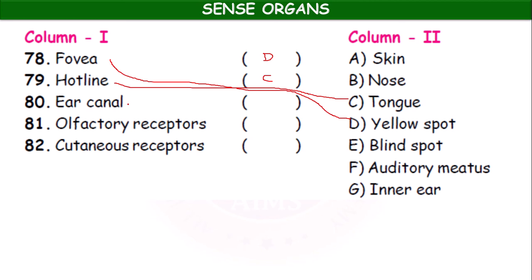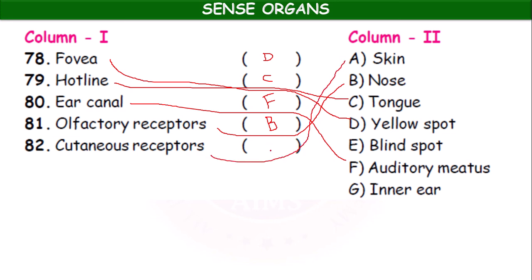Ear canal is the auditory meatus. It is also called ear canal. Ear ossicles means malleus, incus and stapes. Olfactory receptors are related to nose. Cutaneous receptors are related to skin. Okay, D, C, F, B, A.